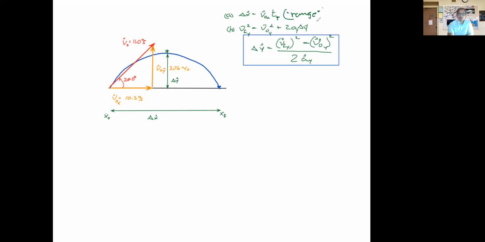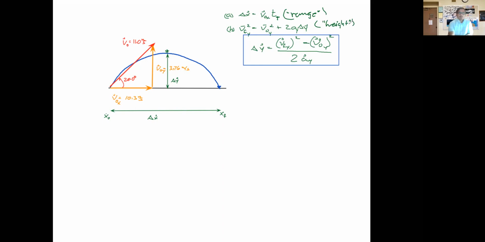We're also asked to find the height of the long jumper as well. I pointed out that at this point we can't solve for the range. Why? Because we're missing the total horizontal time. Now remember, and this is why I wanted to review with you, use the PhET lab.